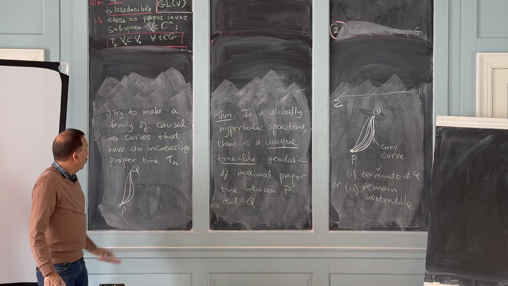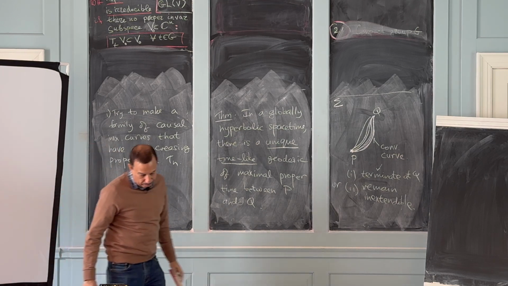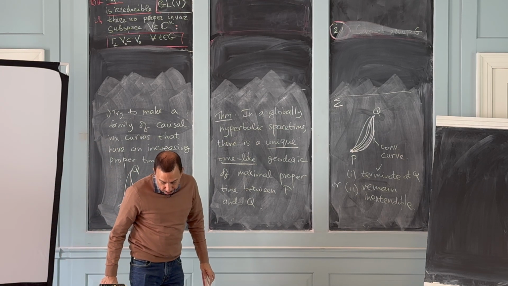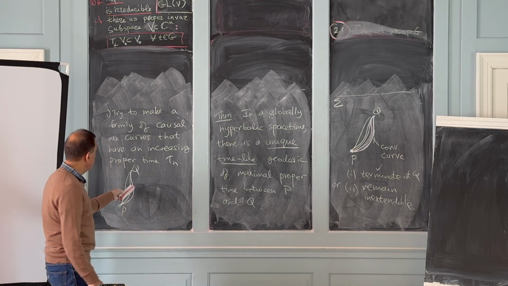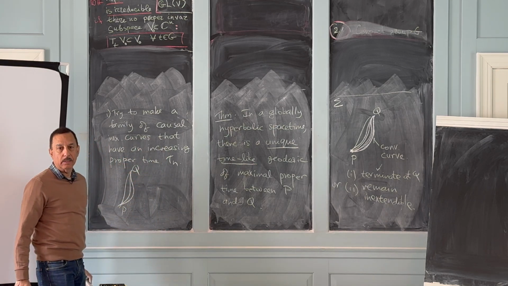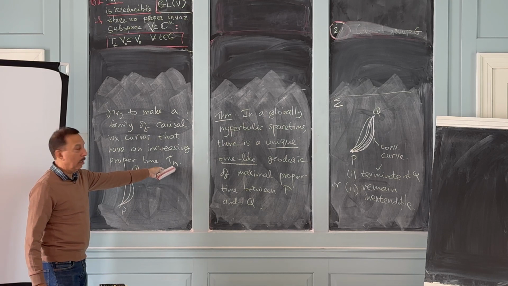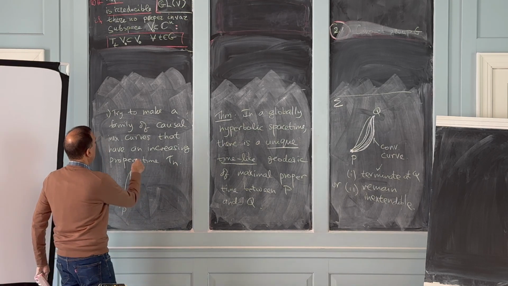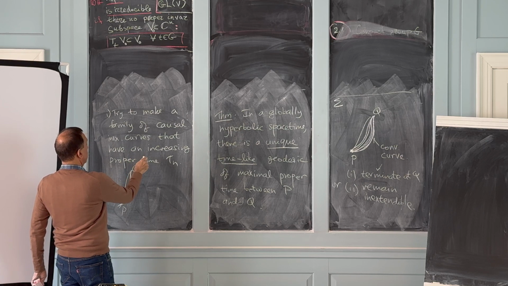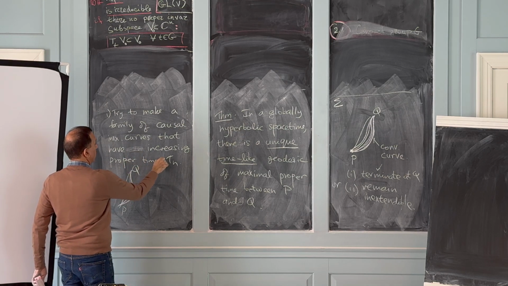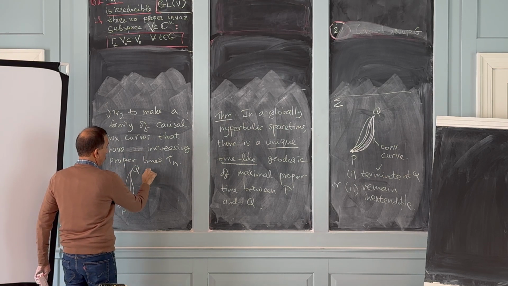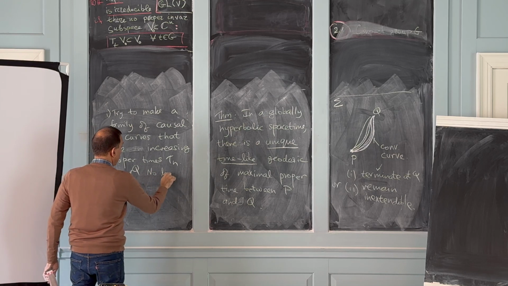Now, if the proper time is getting bigger and bigger, then there's no way that this family can tend to a convergence curve, because the proper time has no limit.